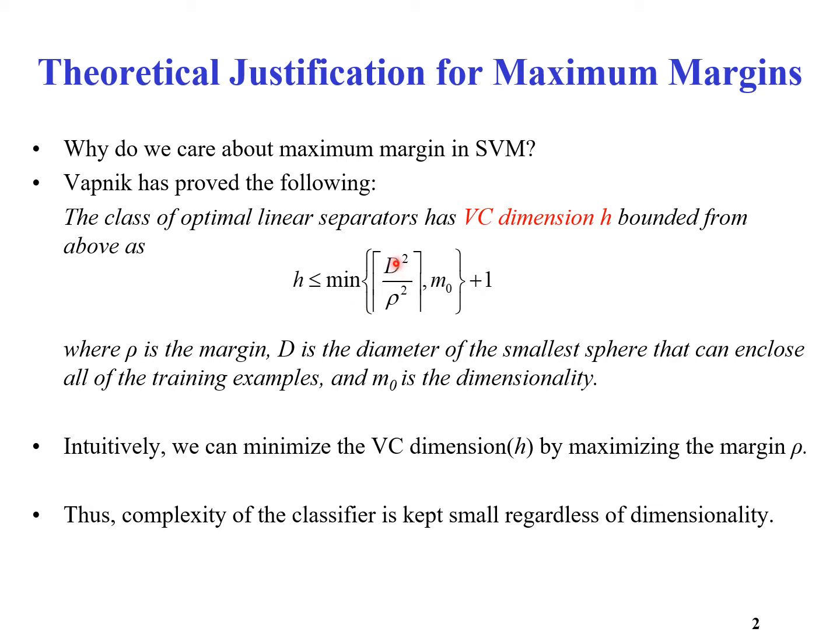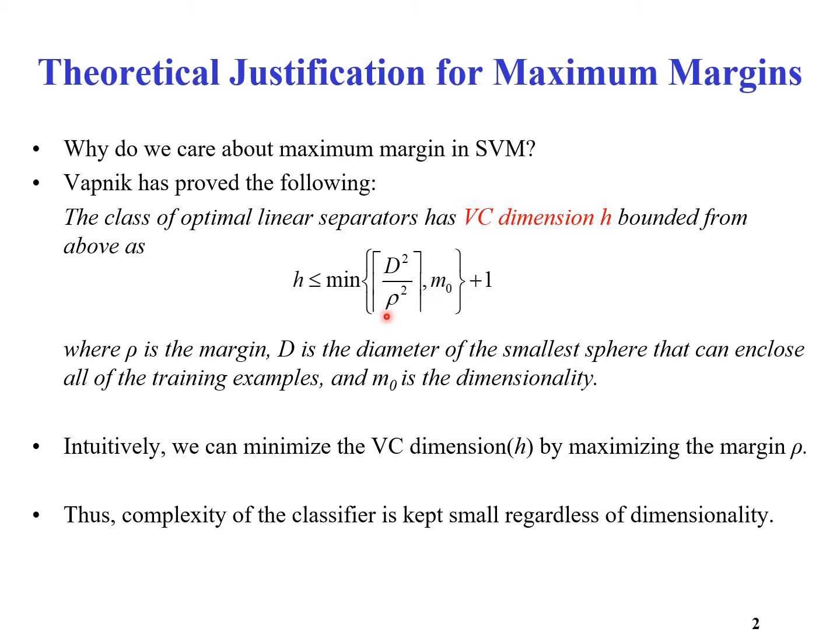Here D is the diameter of the smallest sphere of data, and M0 is the dimensionality of data. For now, you can assume that once data is given, D and M0 are fixed, kind of constant.